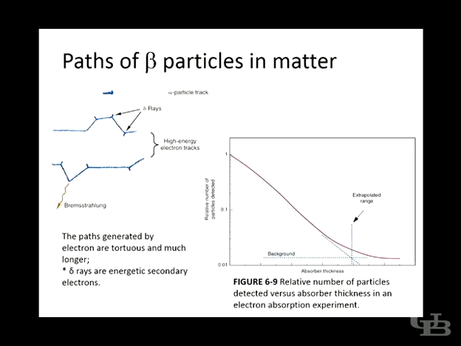Now you can see it's no longer as flat as the alpha particle graph we saw. This is a log scale, and it quickly reduces. That means from the very beginning, a lot of electrons are lost from their original direction, because they are easy to bounce away.